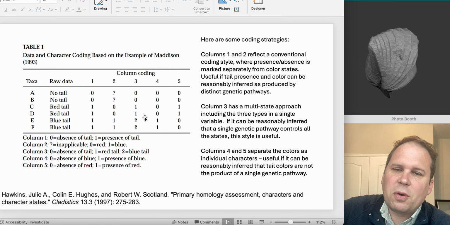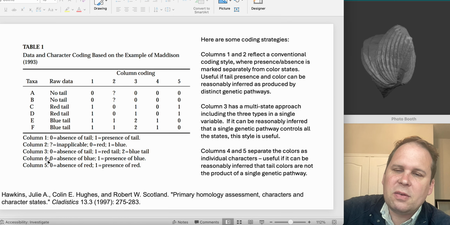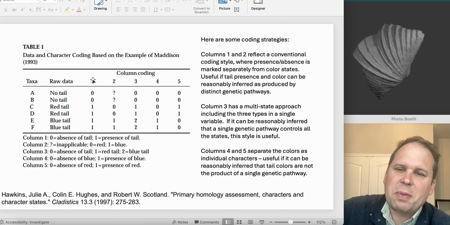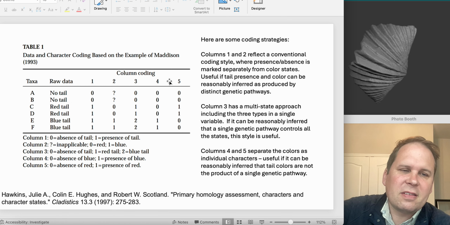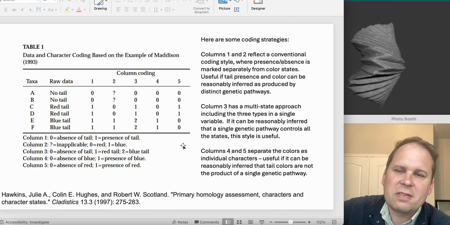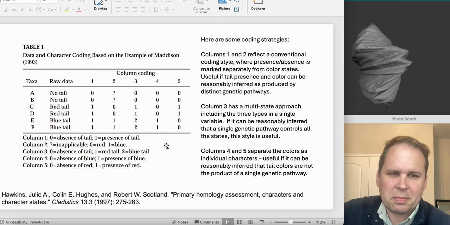And then column 4 is showing a different approach. So you could define this as if a tail is present, like column 1, present or absent, then you could say presence of red tail and presence of blue tail. So this is presence of red tail, and so you got 2 1s, presence of blue tail, and there's the 2 1s at the bottom.